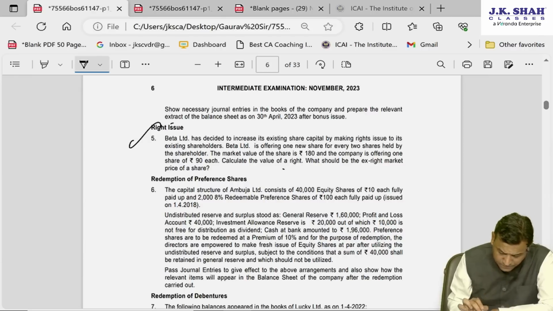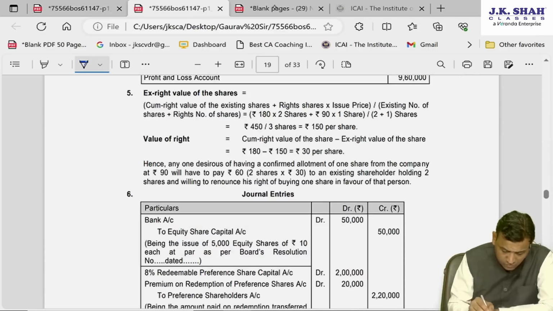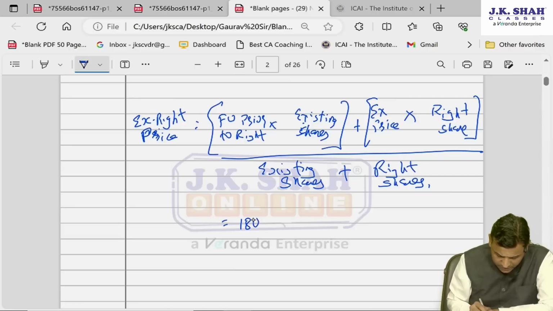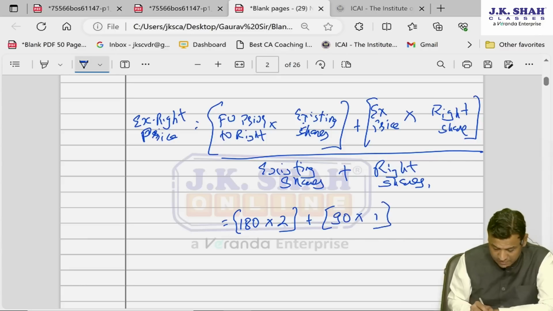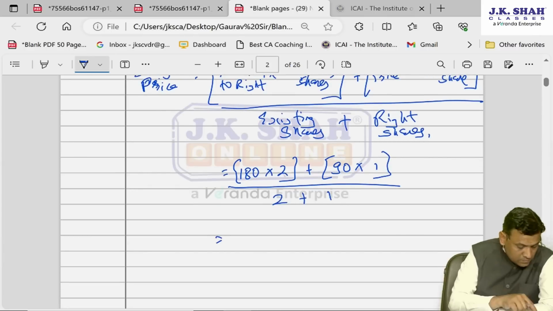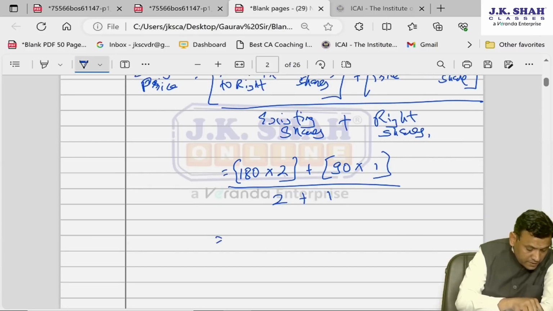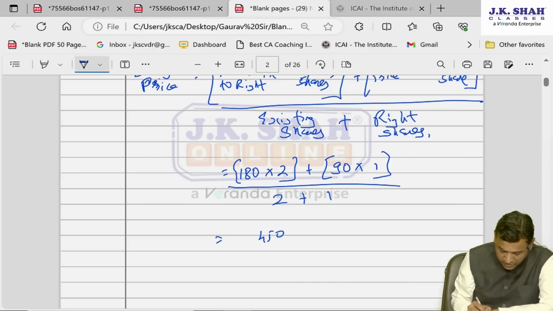So if you look properly, the market value of your share is 180. Okay, and for every 2 you are giving 1. So 180 into 2 plus you are giving 1 right share for every 2 shares held, into 2 plus 90, that gives me 450 divided by 3.